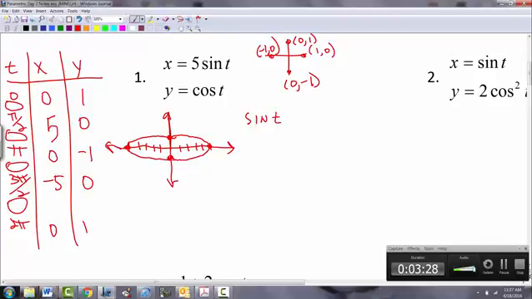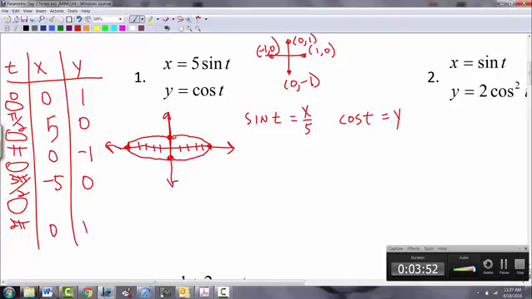Now, how do you convert this, eliminating the parameter? This is weird, wild, wacky stuff. Luckily, we have sine and cosine. What formula do both sine and cosine exist in? What trig formula from your favorite chapter 5?